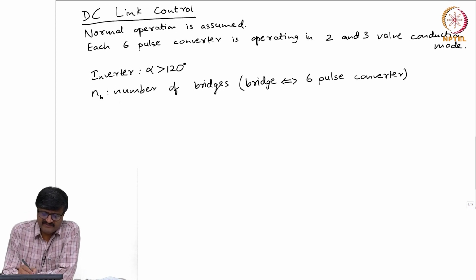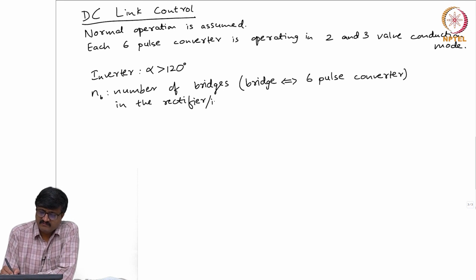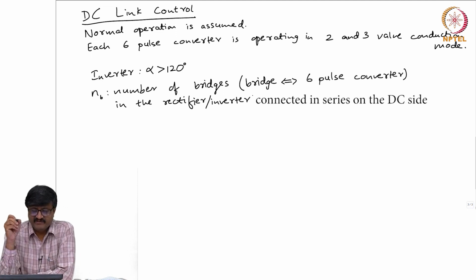So, it is the number of bridges in the rectifier or inverter. The number of bridges should be the same because rectifier and inverter are identical circuits.